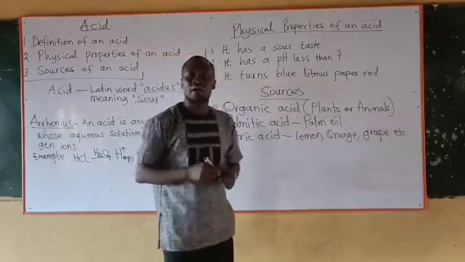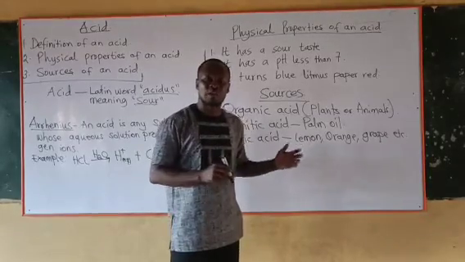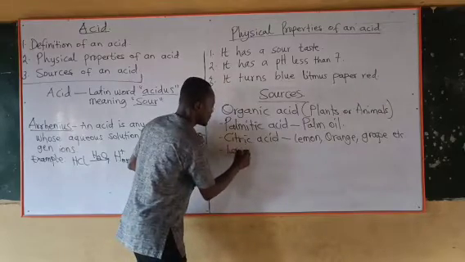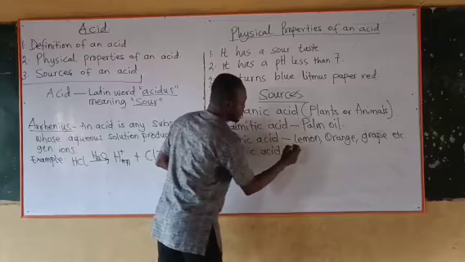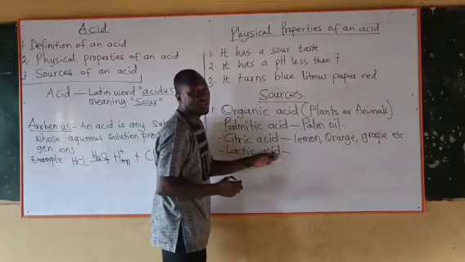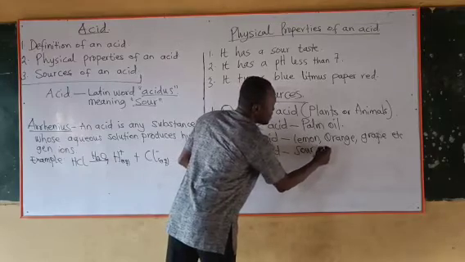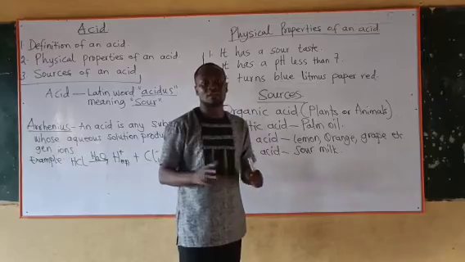And then we can also get lactic acid from organic acid. Lactic acid. And this lactic acid is gotten from sour milk, which is sour.